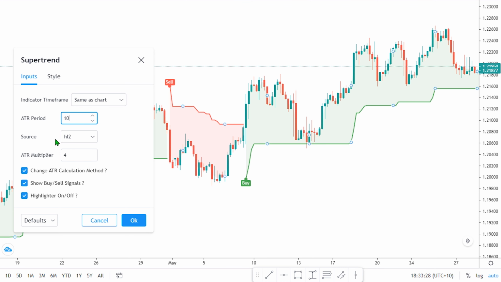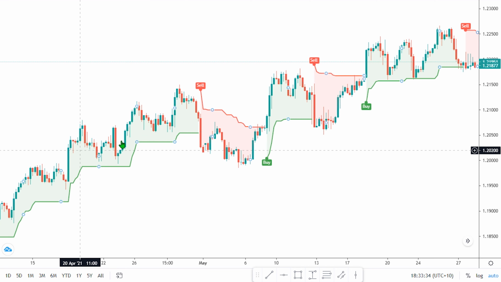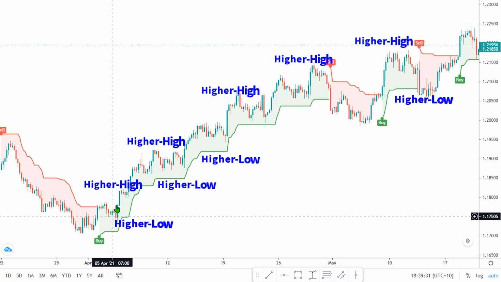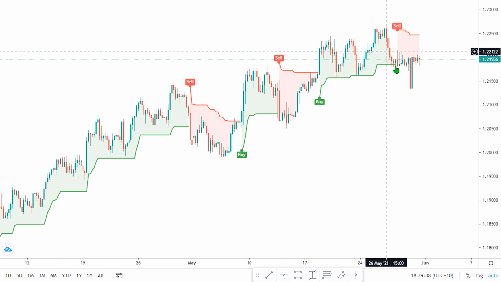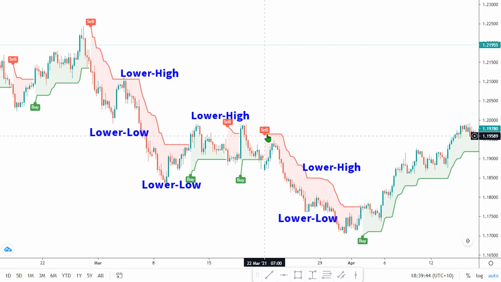As traders in the market, how can we utilize the SuperTrend Indicator to our advantage? To use this indicator, we need to see a price movement of higher highs and higher lows, or lower highs and lower lows trends.